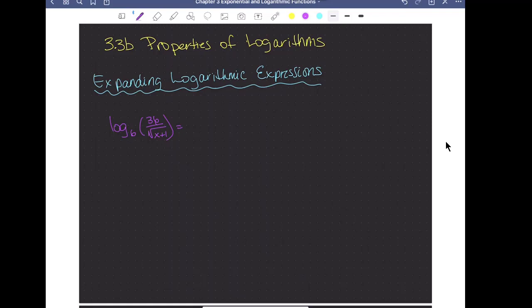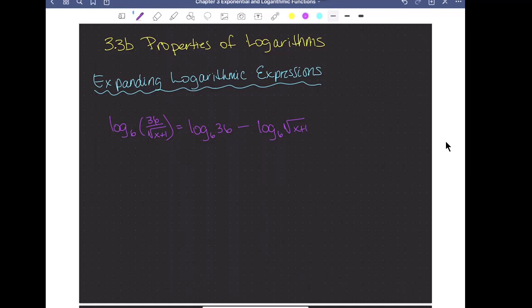So now I'm going to have log, still base 6, and you always read it from top to bottom. So your first log is going to be the top, which is 36. Since it's the quotient and dividing, we know we need to subtract those logarithms, and then it's going to be log base 6 still again, and then that square root of x plus 1.